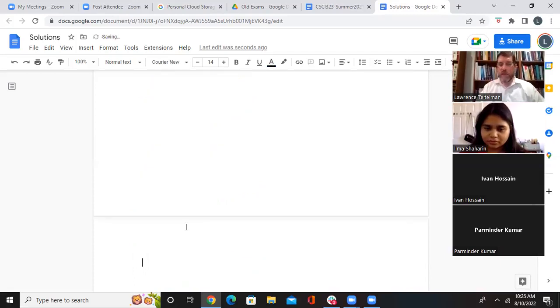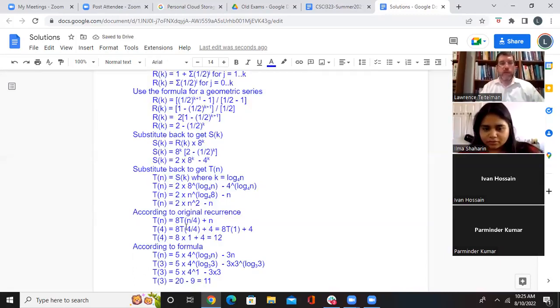Okay, now let's compare that to the formula. According to the formula we got, it's 2 times n squared minus n. That's 2 times 4 squared minus 4.